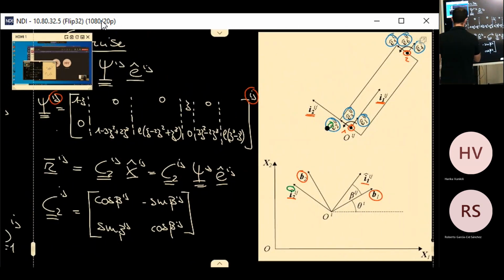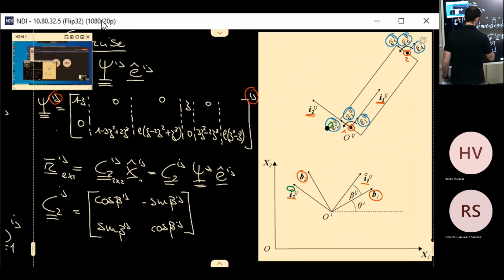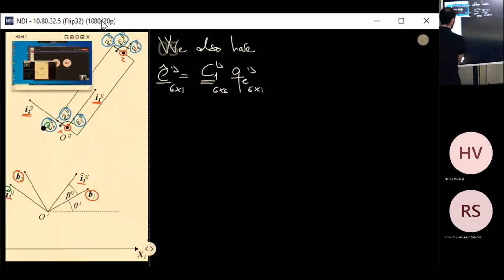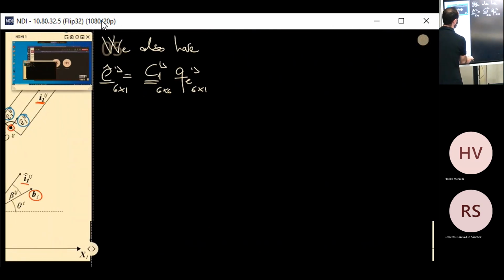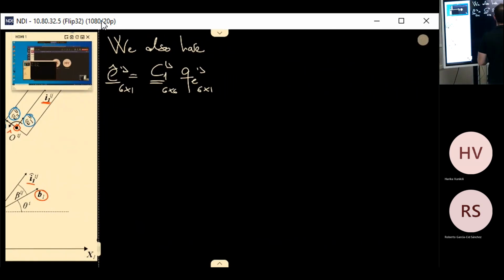So this is a 2 times 1, is a 2 times 2 because this is a 2 times 1. So it's a little bit bigger. And so we have that C1ij can be written as such. Let's see.